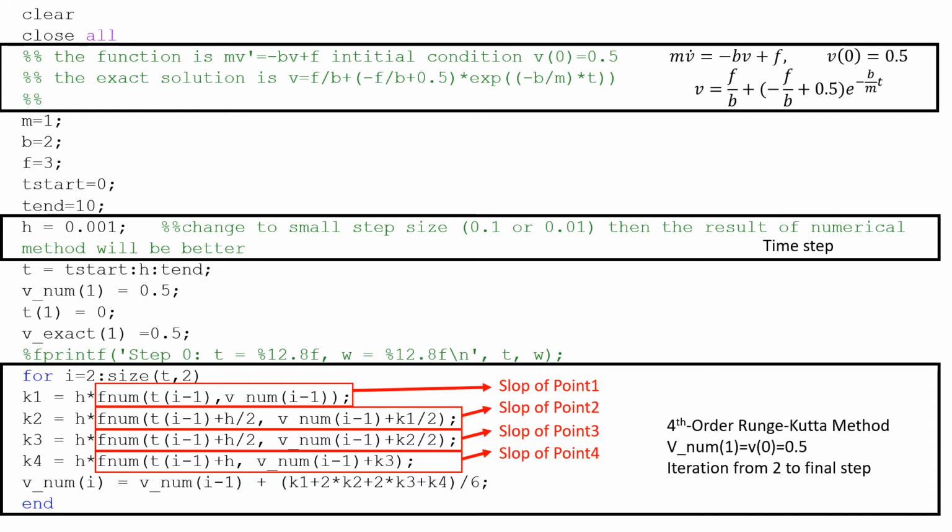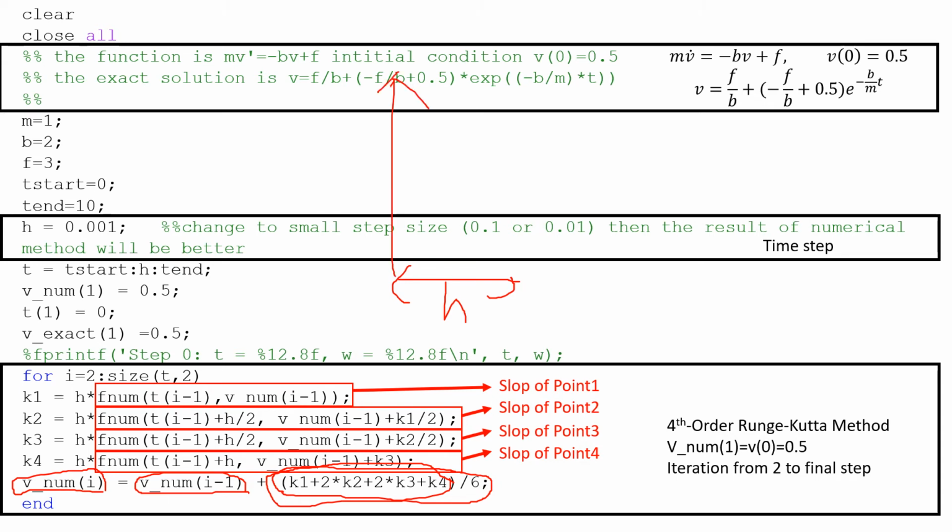Then I can say my current point should be the previous point plus the average of the increments in velocity from 4 points. So it will be K1 plus 2K2 plus 2K3 plus K4 over 6. This part is how we increment after the time duration h. Remember we have point 1, point 2, point 3, and point 4.